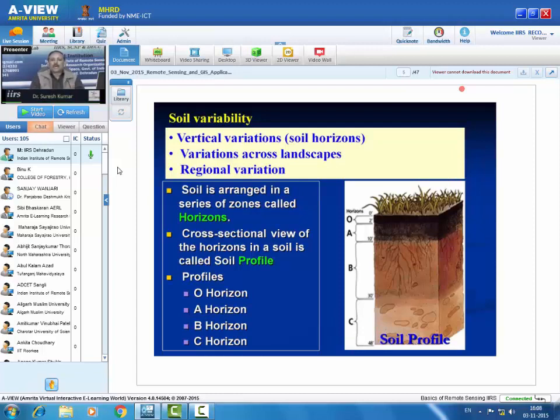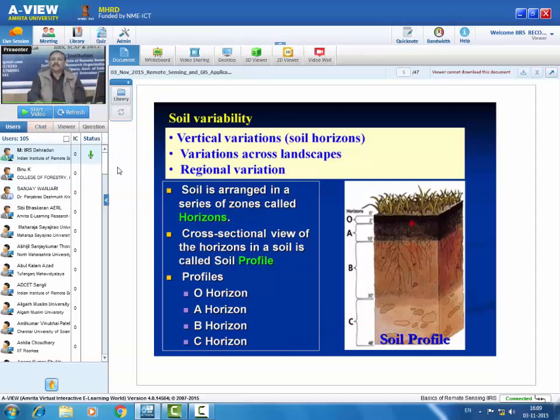If we see the soil variability, the picture shown here is the soil profile. If you take the vertical section of the soil, which we define as the soil profile, we see the vertical variation: the top layer which is darker, then a less dark layer, and when you reach the lowest layer, which is called the C layer or C horizon, that is known as the parent material.